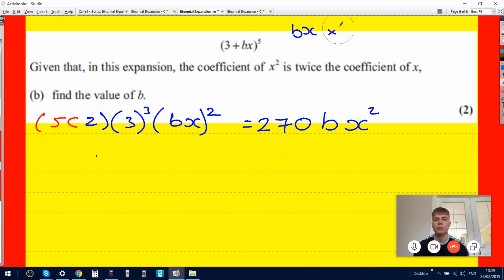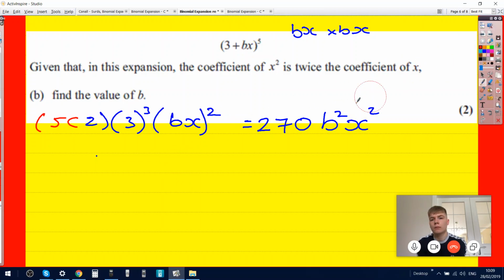And so bx times bx gives you x squared. It also gives you b squared. They're in a bracket, so it's both of them squared. If that was 3x, it'd be like 9x squared. Okay. So what is the coefficient of x squared? 270b squared. Yes. Okay. What is next?